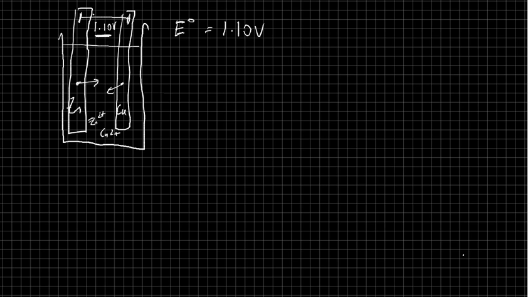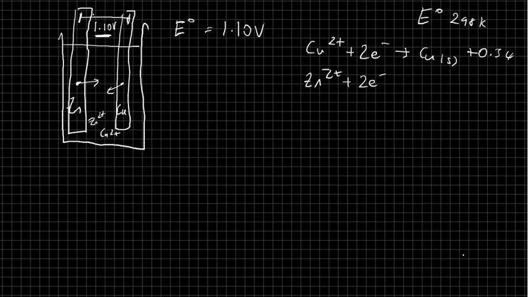Now, what we do is we look at our table for copper and zinc, and we look at the cell standard potentials for that at 298 Kelvin, and we note that copper 2 plus with 2 electrons going over to copper solid, the electrode potential for that is positive 0.34, and for zinc 2 plus plus 2 electrons going to zinc metal is negative 0.76.